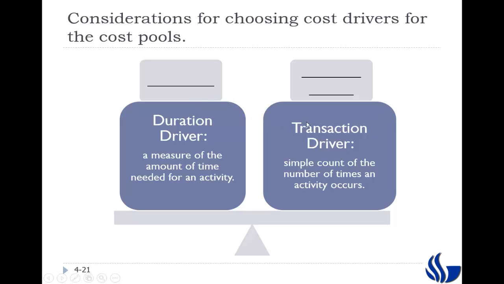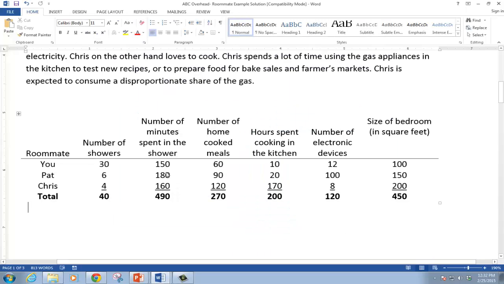You might think, why don't we just always use number of minutes spent in the shower? That's going to be more accurate. Well, it's also probably less likely that you will keep track of how long each shower is, right? How likely is it that you're going to have a stopwatch there and click it as soon as you get in the shower and click it as soon as you get out, and then do that every time you take a shower? Probably not very likely.